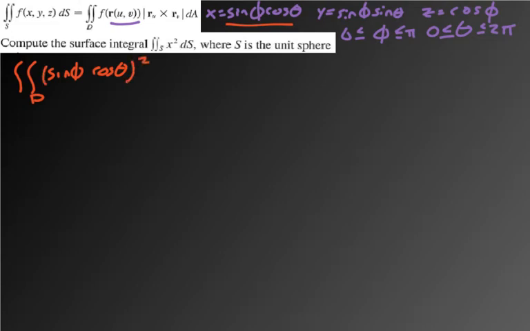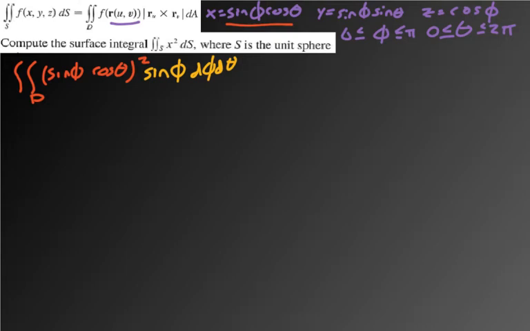And then the magnitude of r_u cross r_v is really just the Jacobian given this parameterization, which we know is rho squared sine phi. But again here, rho is 1, so we're just going to get a sine phi out of that. And then we just need to do d phi, d theta, and that's it.